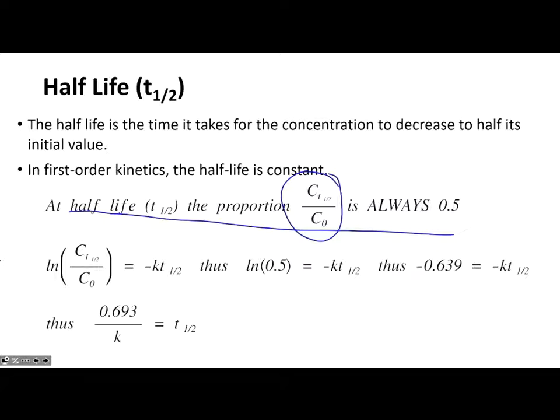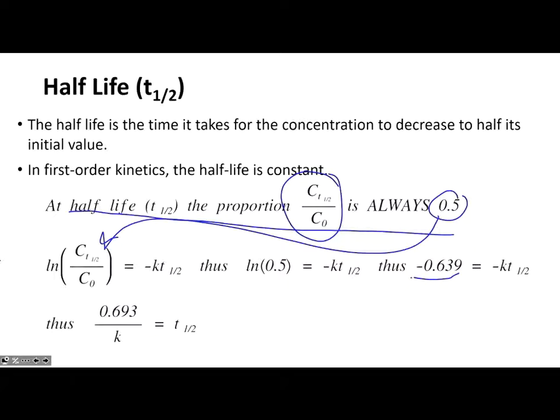All right? Well, if we know that, we can put that 0.5 back into that same formula I showed you on the previous page and take the natural log of 0.5. If I take the natural log of 0.5, you do that on your calculator, it's negative 0.693. So this number is simply the value of the natural log of 0.5.